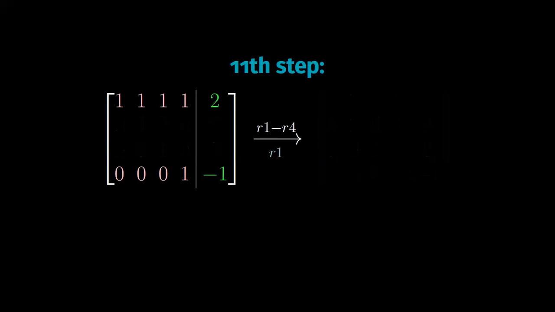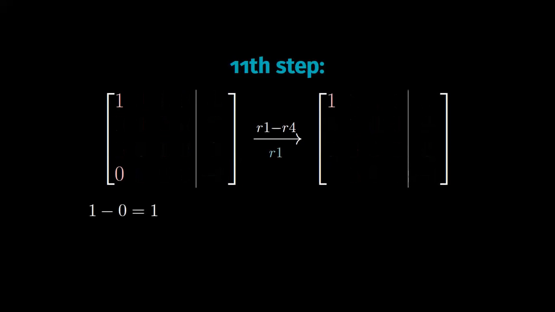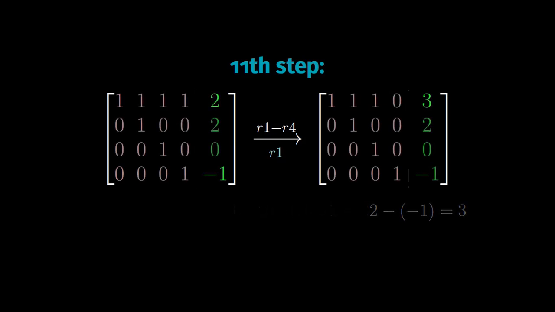So we do row 1 minus row 4, and we are going to write the result into the row 1 of the new matrix. Now we understood how those computations work. 1 minus 0 is 1, 1 minus 0 is 1 again, 1 minus 0 is 1 again, 1 minus 1 is 0, and 2 minus minus 1 is 3. And this is the new matrix with an extra 0 that we have obtained.